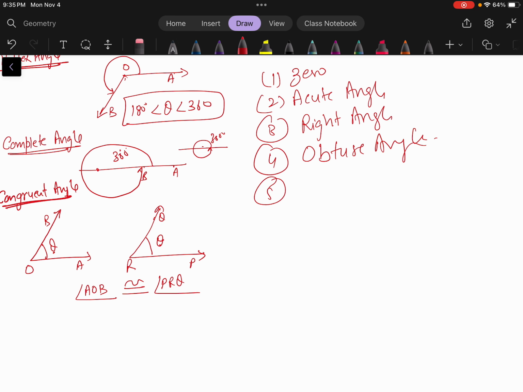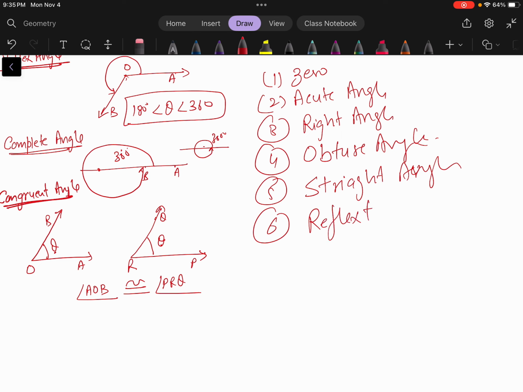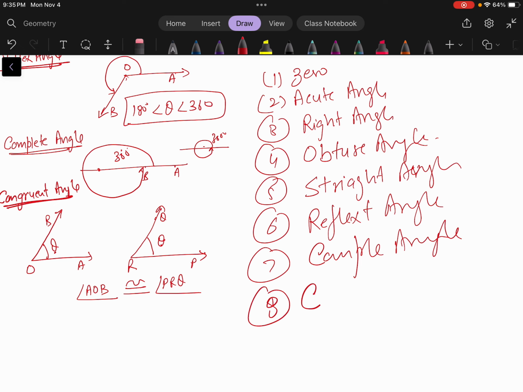Fifth, the straight angle. Then the reflex angle. Seventh, the complete angle. And the eighth is the congruent angle. Clear? Any doubt till this point?